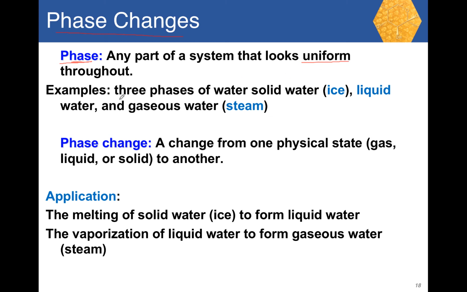So an example here is the three phases of water. We have the solid phase, of course you know that as ice. We have the liquid phase, that's water, and we typically describe that as just water. And we have the gaseous phase, we describe that as steam. So those are the three phases of water.